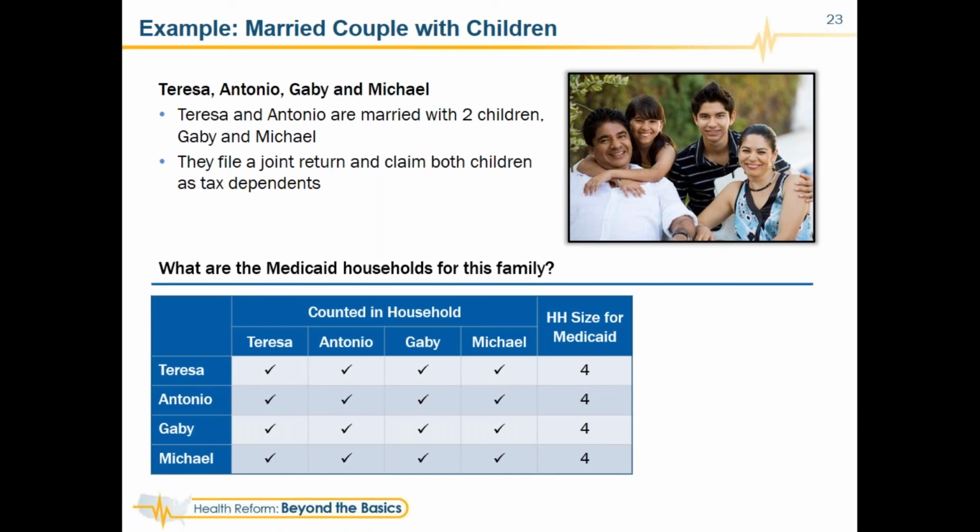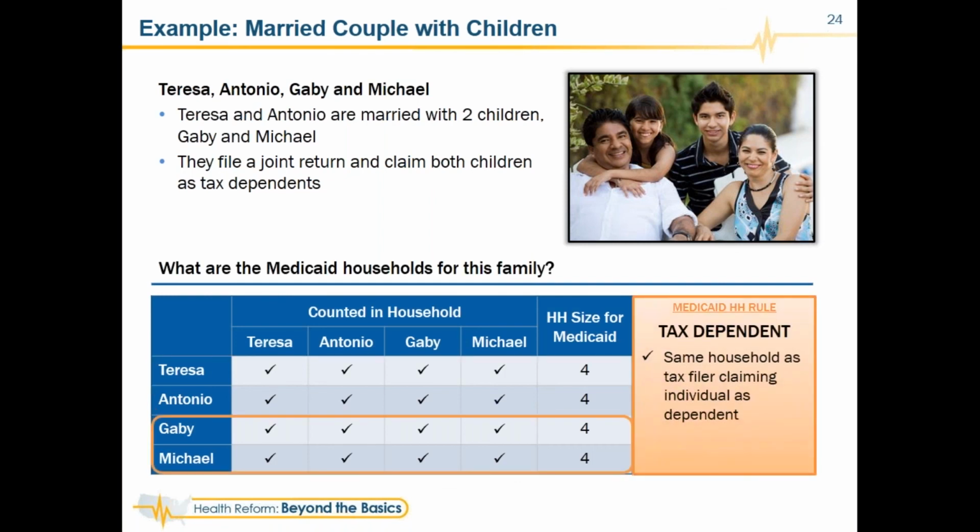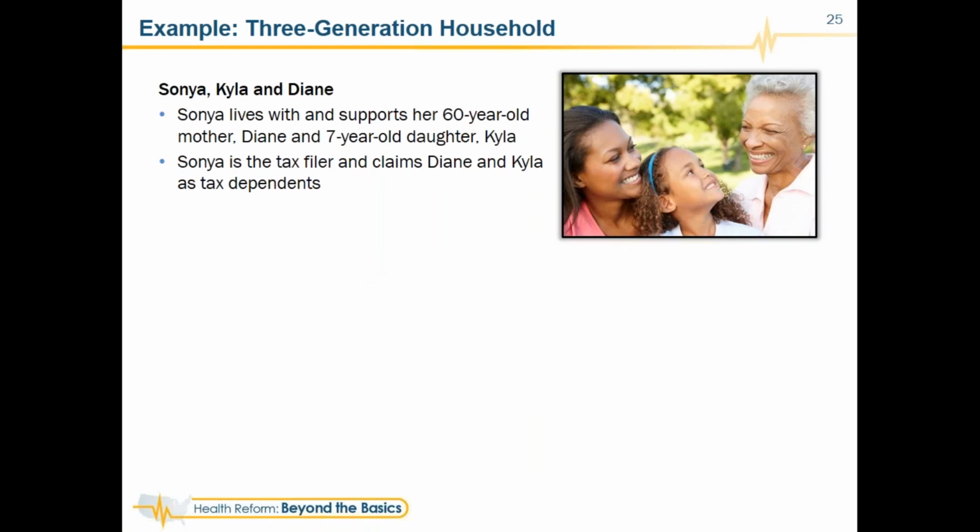So for each one of them, Teresa, Antonio, Gabby, and Michael, everybody is going to be in a household size of 4. This is really a very, very straightforward example. The dependents too, Gabby and Michael, are also going to be in the household size of 4.